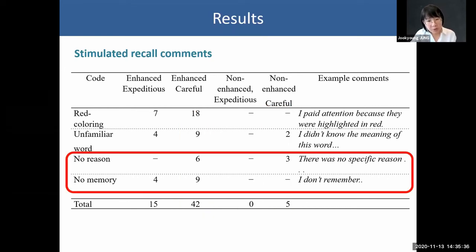And what was also interesting to us is that many times the number is not ignorable. As you can see here, there were quite a number of comments saying there was no reason, or they even do not remember making that kind of eye movements, which was very interesting for us.